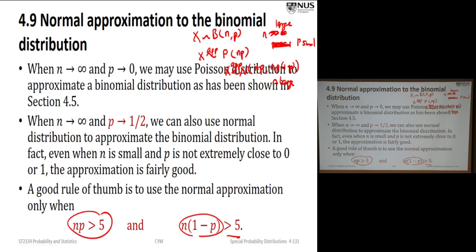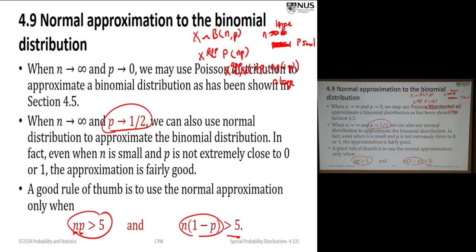It's not so strict, but this simply means that n has to be big. If p is small, then it is better to use Poisson. When p approaches half, then we use the normal approximation.